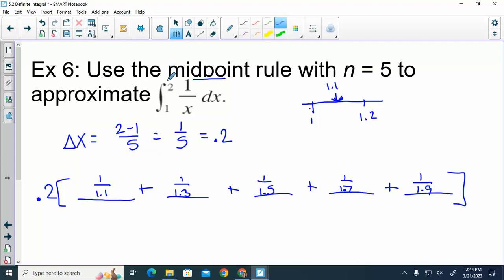And notice my interval should end at 2, and we did end before 2. And I got 0.6919.